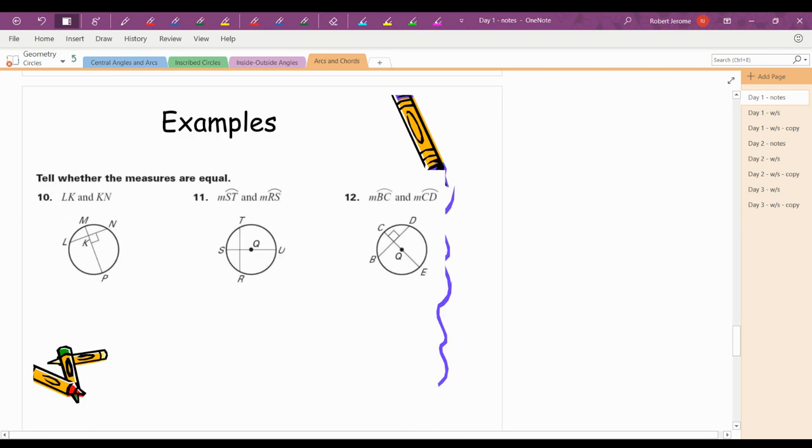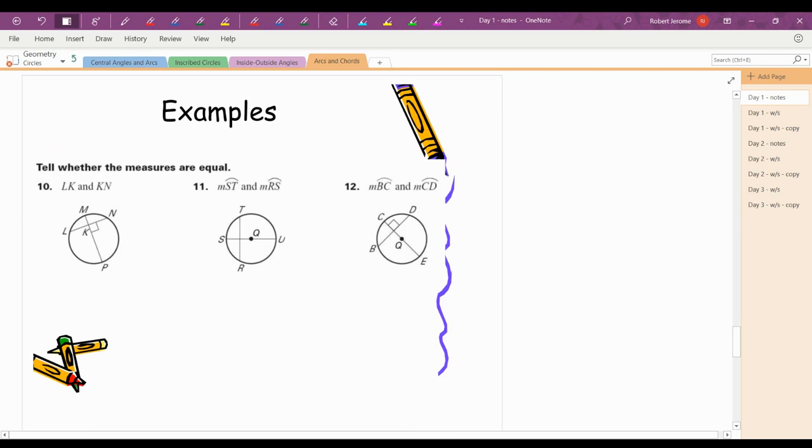Let's take a look at another example here. We're asked to tell whether these things are equal. So let's see what's going on here. LK and KN. So LK is right here, and KN is right there. And we're being asked, are these things equal? Well, look at MP. It is perpendicular. And we have a rule that says if the diameter is perpendicular to the chord, then it bisects the chord.